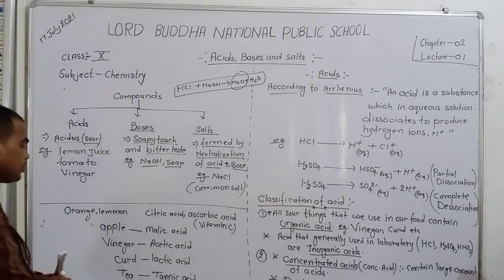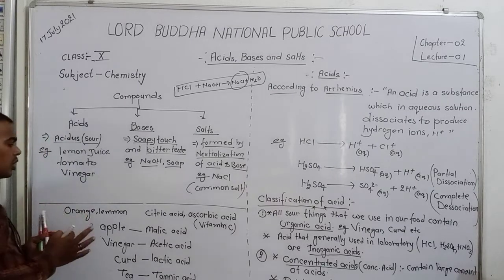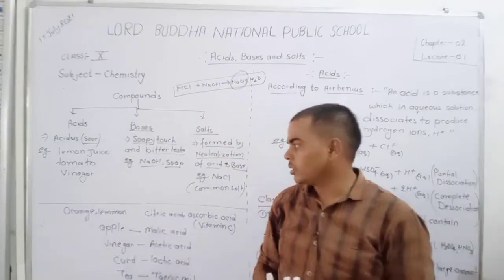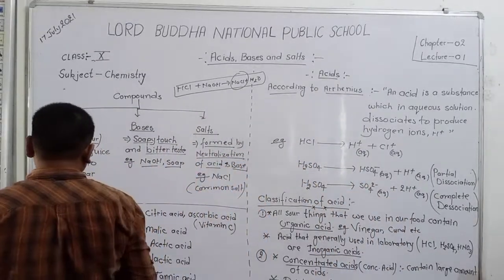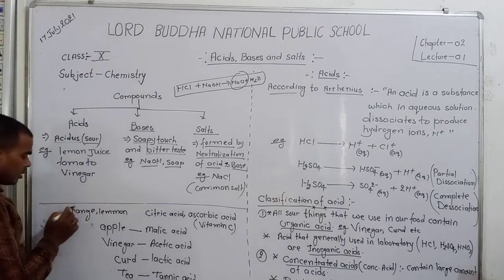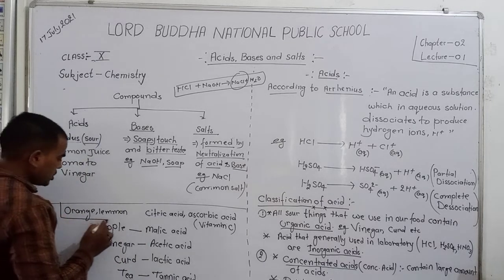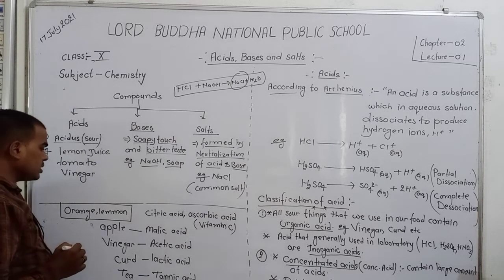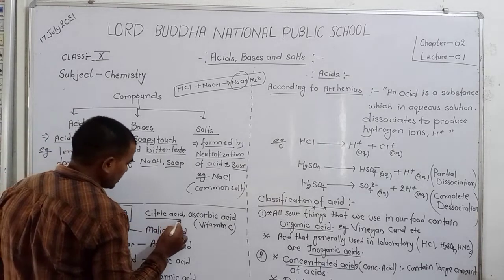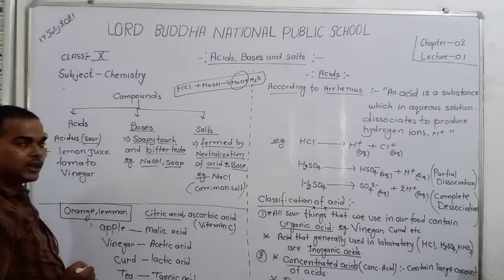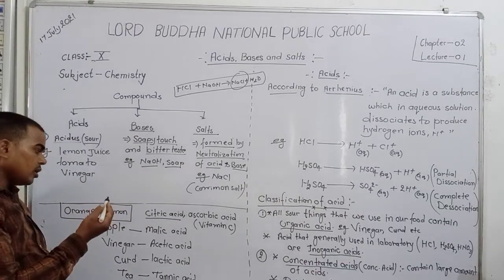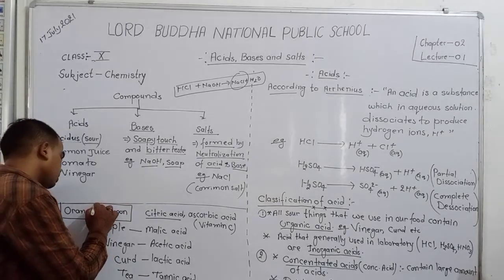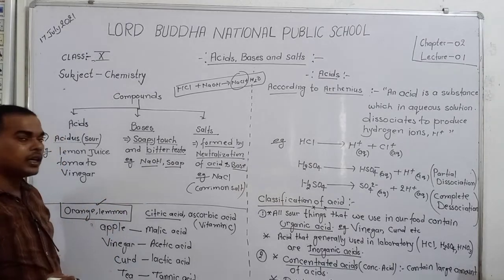Dear student, here are some sources of acid. Do you know which type of acid is contained in lemon and oranges? Lemon and oranges contain citric acid. Due to the presence of citric acid, these fruits are known as citrus fruits.